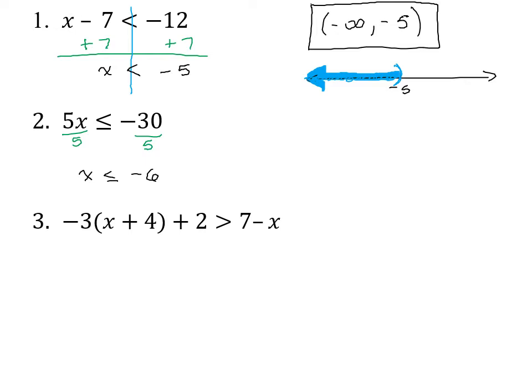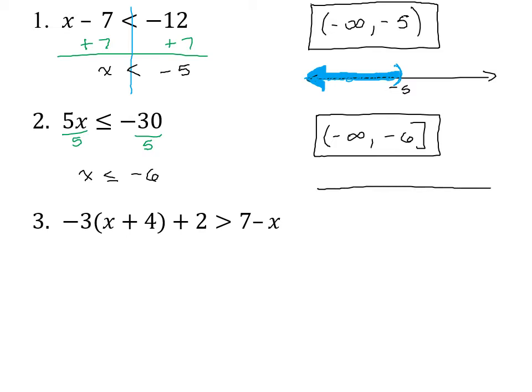So this one would go -infinity to -6. The -6 ends up with a bracket on it. Remember, the infinity never gets a bracket. Never gets a bracket. But the -6 does. And so if I was to draw that out on a number line, I would go with -6, and I would do everything to the left.